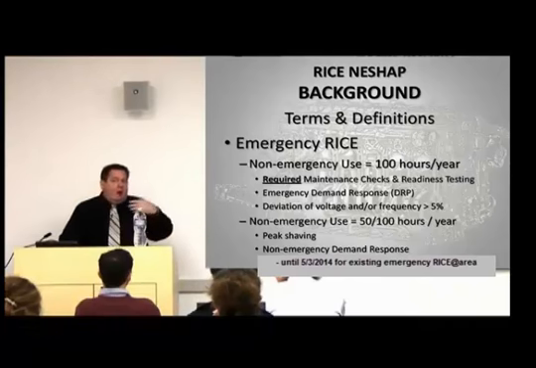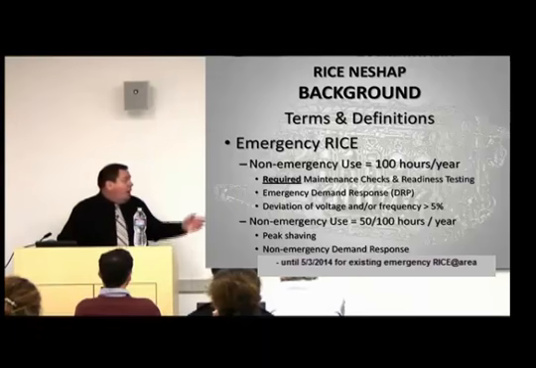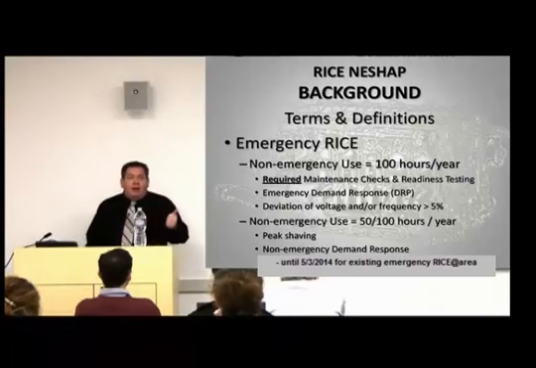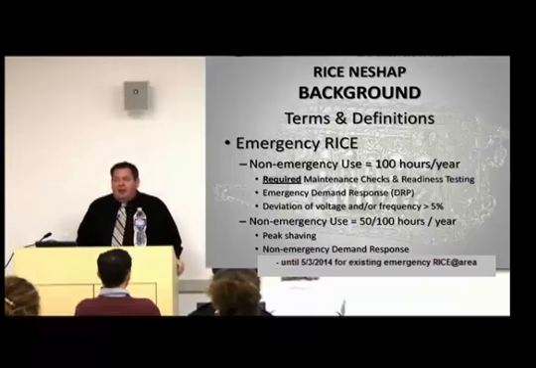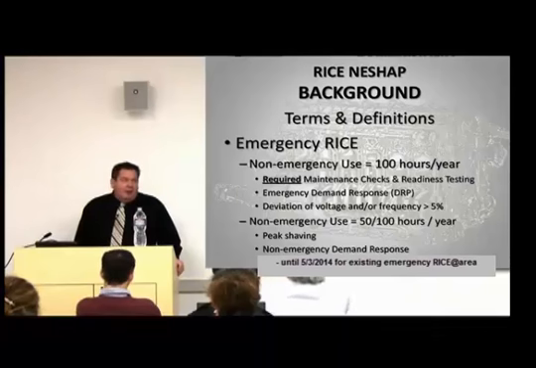Then we go to the 50 hours. They can use 50 out of the 100, however they choose, or they can choose not to use the 50. It's up to them. But under this amendment to the regulation that just came out earlier this month, area sources are allowed to use that 50 hours for non-emergency demand response and or peak shaving. And peak shaving is just to save them money during the highest rates of the day, which are typically the afternoon and evening hours.